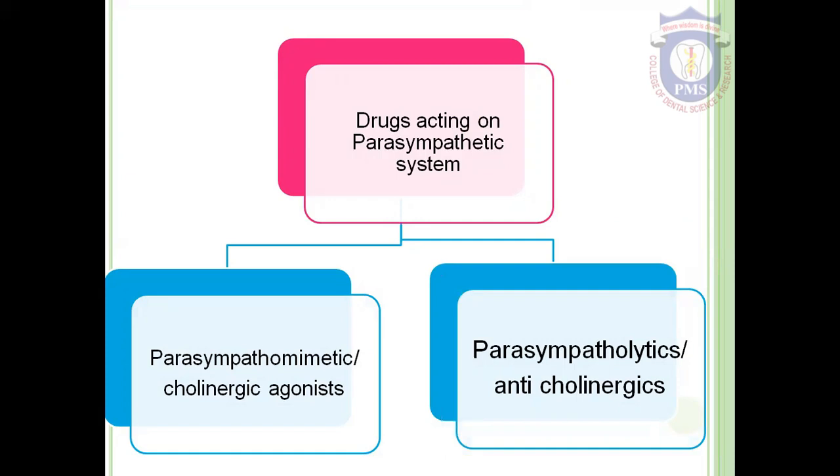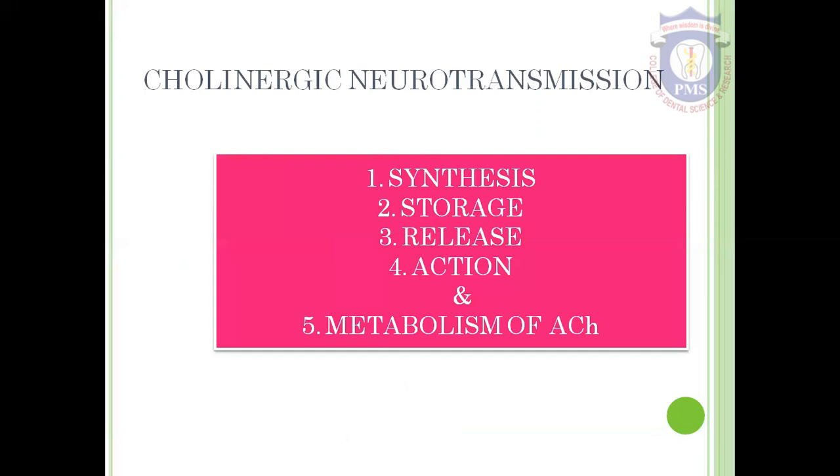Parasympatholytics means they inhibit the actions of acetylcholine. First of all, we have to look in more detail at the parasympathomimetics. We have to study the synthesis, storage, release, actions, and metabolism of acetylcholine.